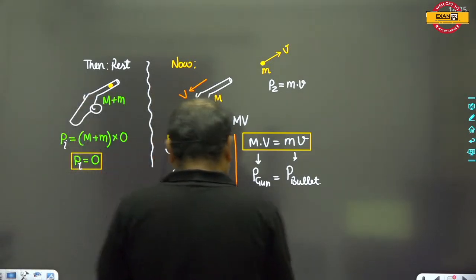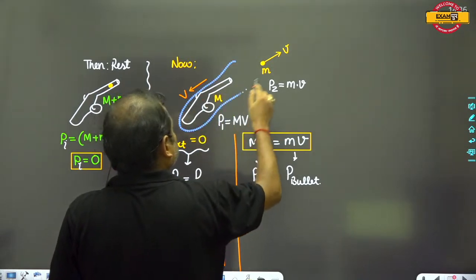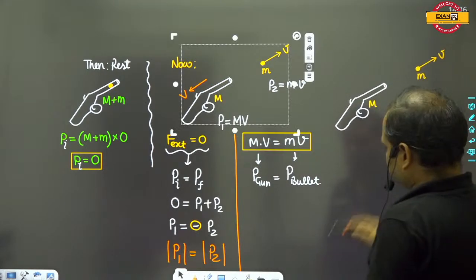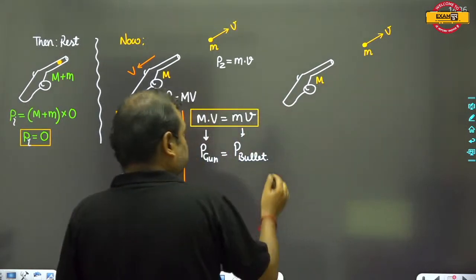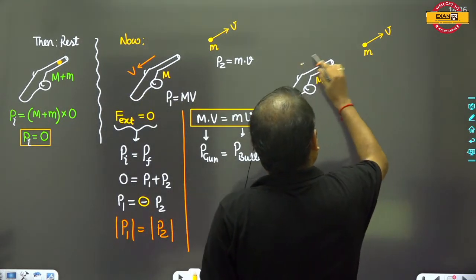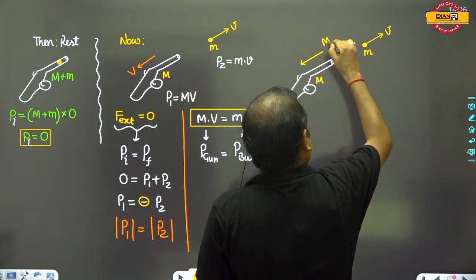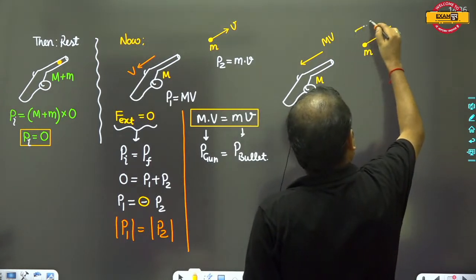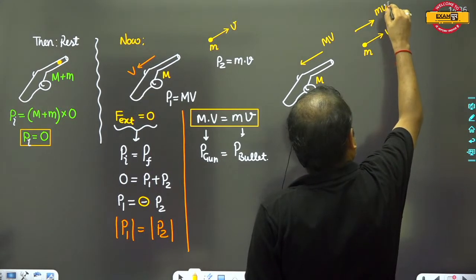Suppose this is your gun and this is your bullet, and in this direction the linear momentum is M into capital V, and the linear momentum of this bullet is small m into small v.